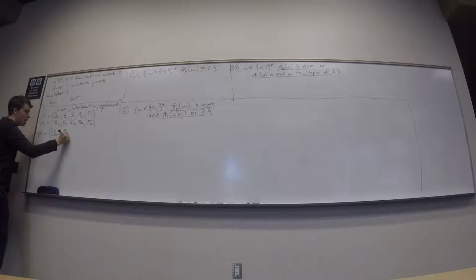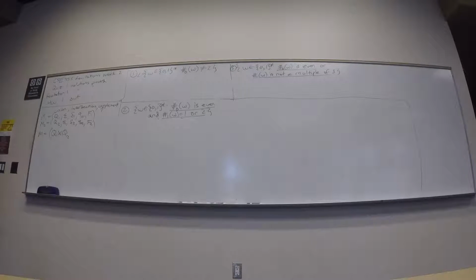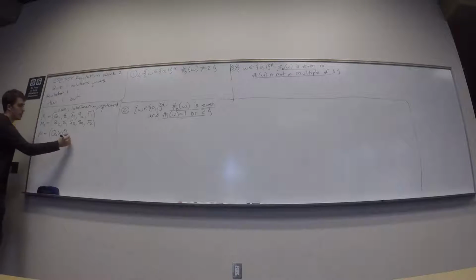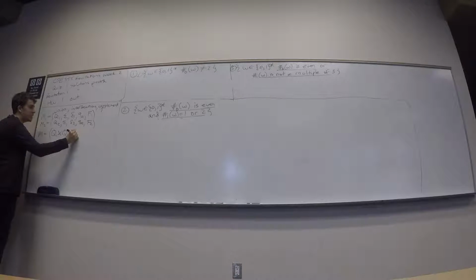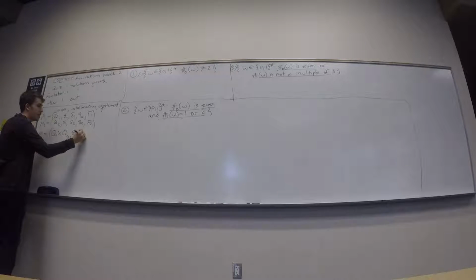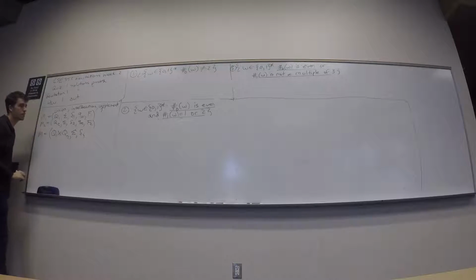So Q1 cross Q2. Right? This is the set of all possible ordered pairs where the first guy comes from the states of the first machine, second guy comes from the states of the second machine. Pretty simple. I think the alphabet is going to be the same, so I'm not going to change that. I'm going to have some transition functions that I'm not going to specify just yet.